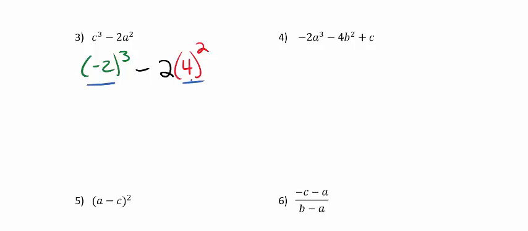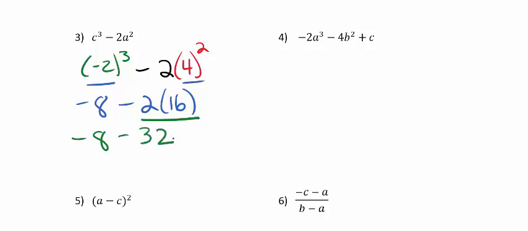Negative 2 all cubed is negative 8, and then 4 squared is 16. Now I go back and do any multiplication or division in order from left to right. I see this multiplication right here, so I'll take care of that next. Negative 2 times 16 is negative 32, and then negative 8 minus 32 will give us a negative 40.